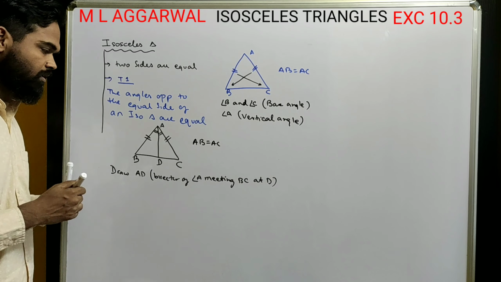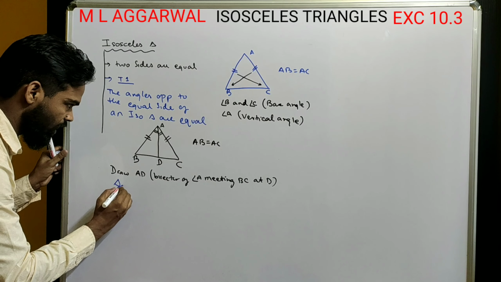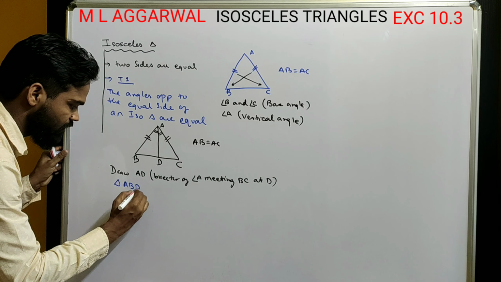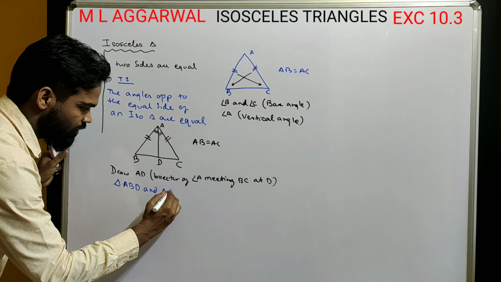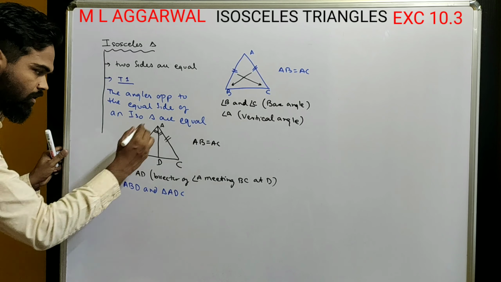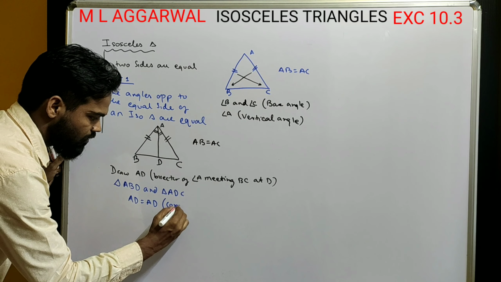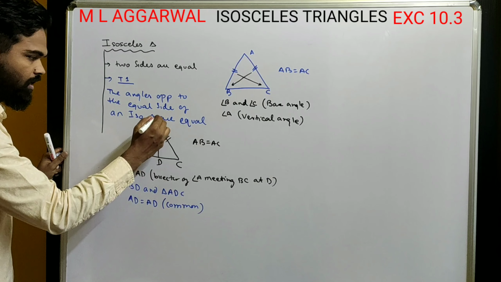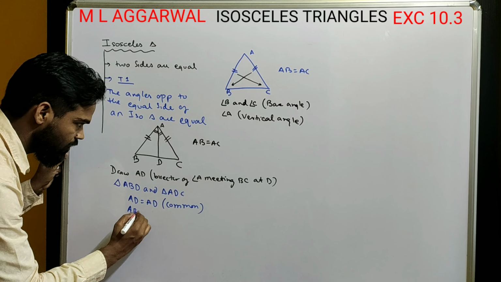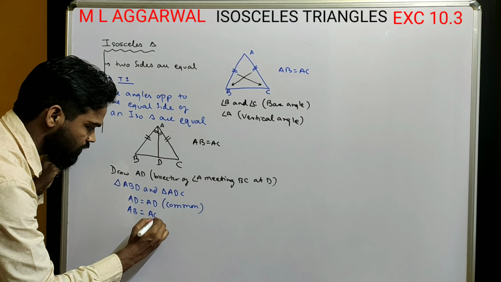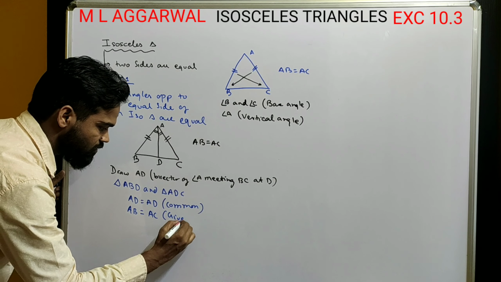Now we have done congruency. Look at triangle ABD and triangle ADC. AD is equal to AD, that's common. AB is equal to AC, that's already given to us.